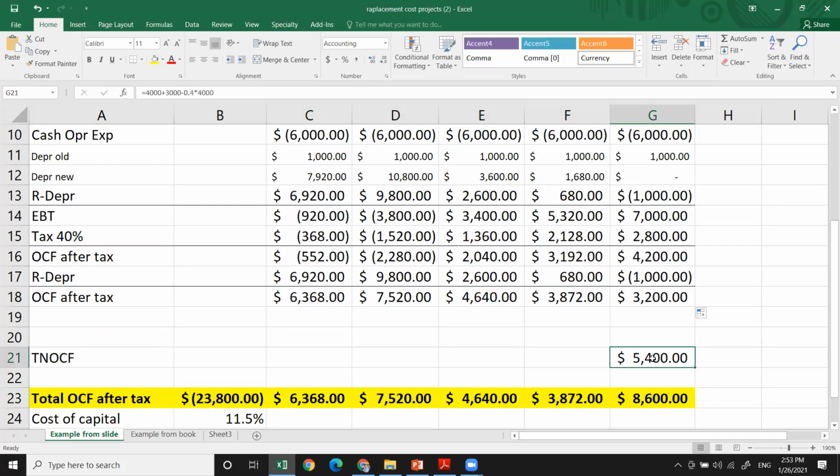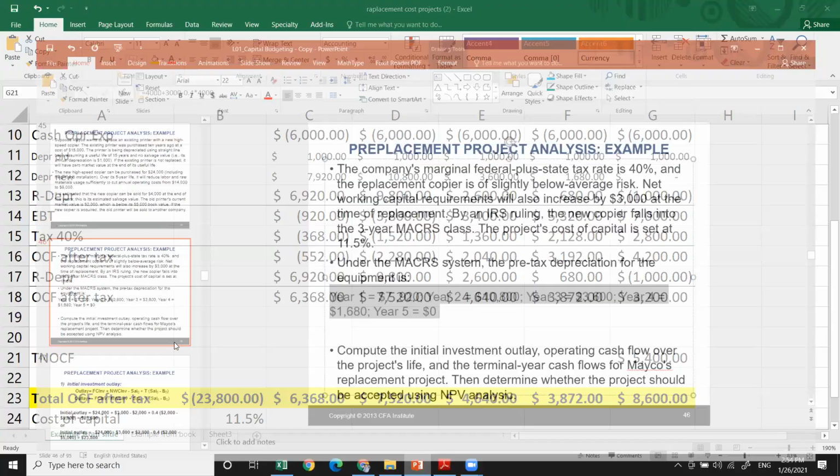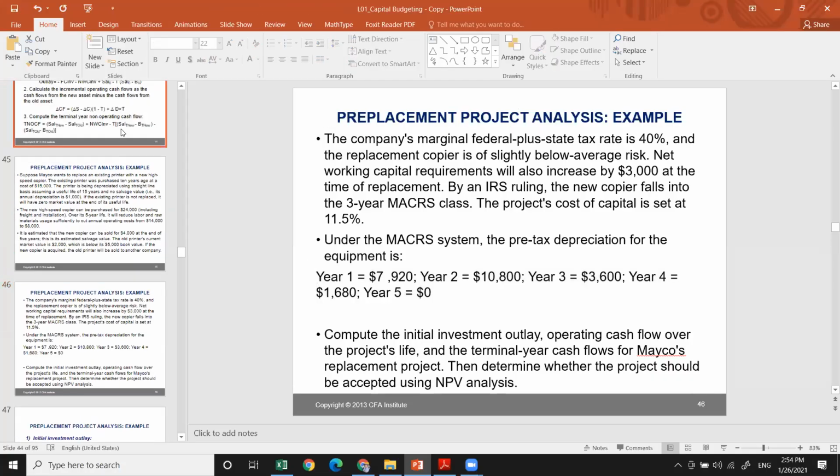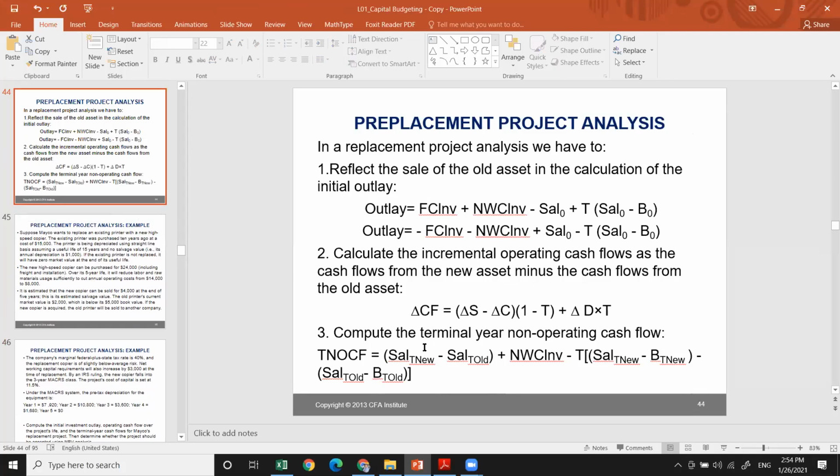But now let's see how the terminal non-operating cash flow was calculated. We said anything we sell. So if you see the formula, come here. Salvage value of new equipment minus salvage value of old equipment. We know that there is no salvage value of the old equipment, which is 0. So this is 4,000, this is 0.